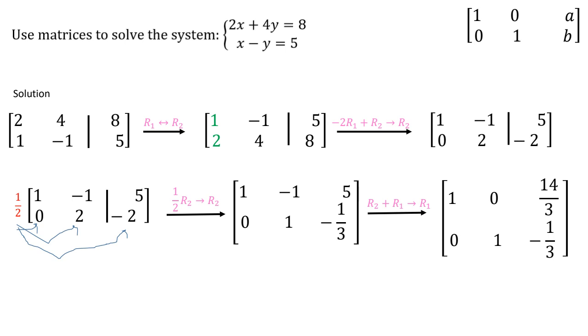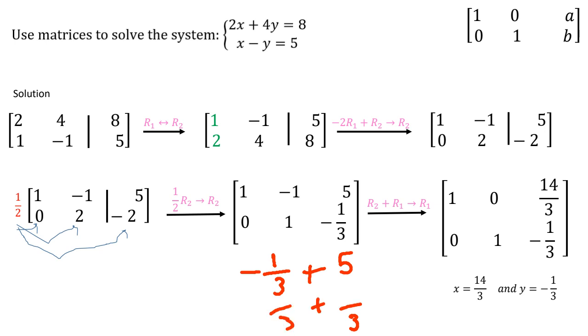Okay, so let me write that on the side so we can see how we got that number. So we have negative 1/3 plus 5. In order to add these, I need a common denominator. So this one stays the same, negative 1/3. And in order to make this has a 1 below it, right? 5 divided by 1 is 5.